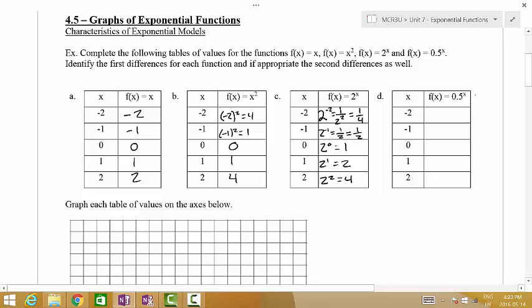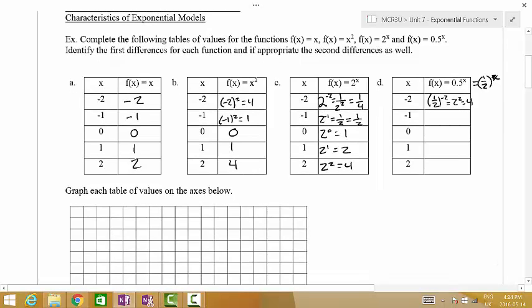This last one we have 0.5 to the x, or 0.5 is also 1 half to the power of x. So what we have is 1 half to the negative 2. We flip that reciprocal because the exponent's negative, so the 1 over 2 becomes 2 over 1, or just 2 squared.